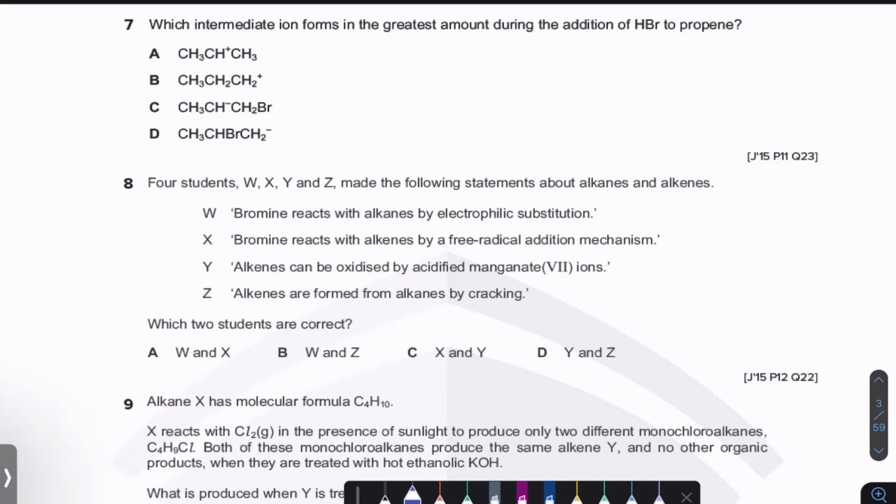Propene में दो ही हो सकते हैं. एक हो सकता है यहां पर, और एक हो सकता है कि यहां पर पॉजिटिव चार्ज बन जाए. तो which one do you think is the more possible one? Yeah, major product. Sir, A. Yeah, A. Yes, that's right.